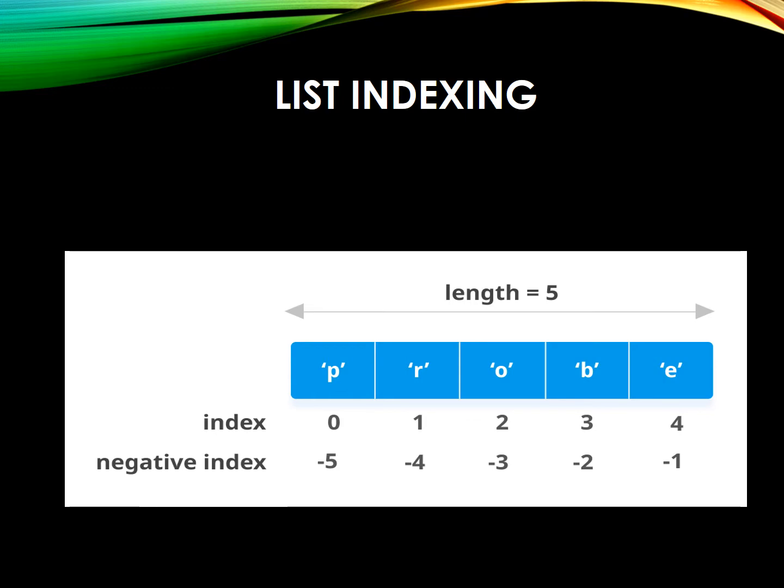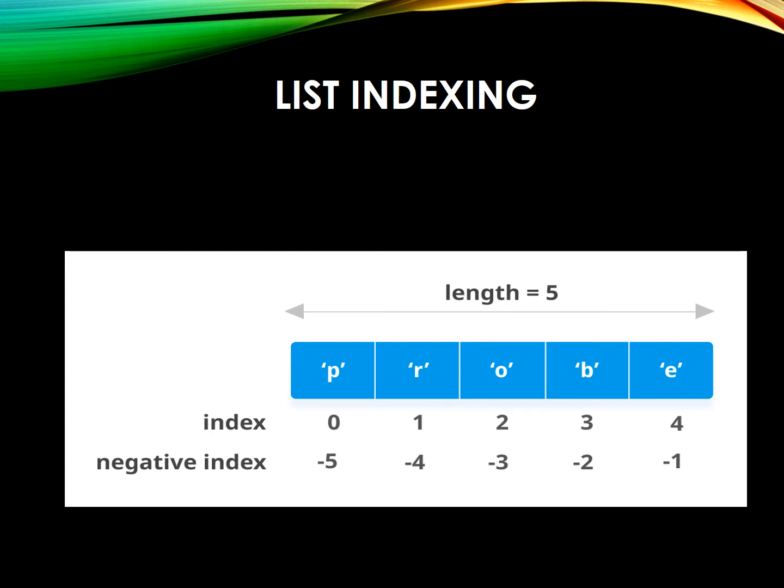The second element is R, which is assigned the index 1. Third element O, the index is 2, and so on. If we check from the right side, the index for the element E is -1, the index for the element B is -2.